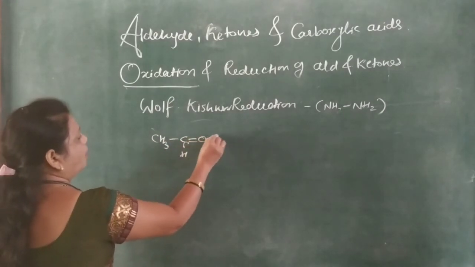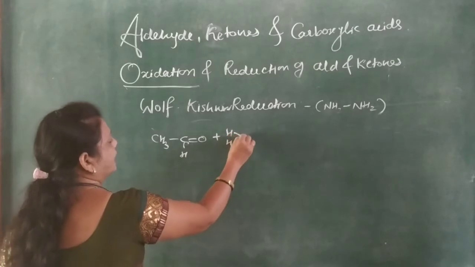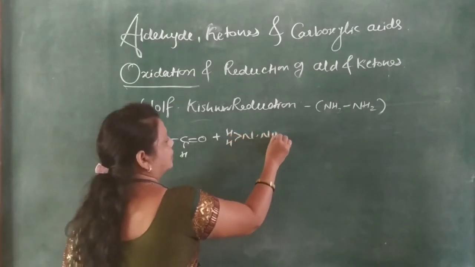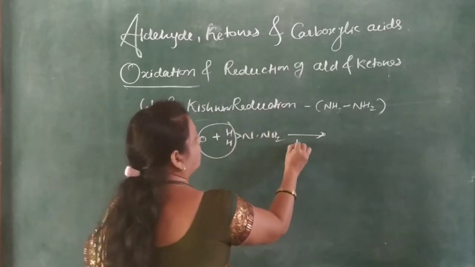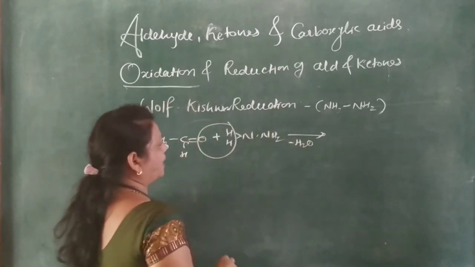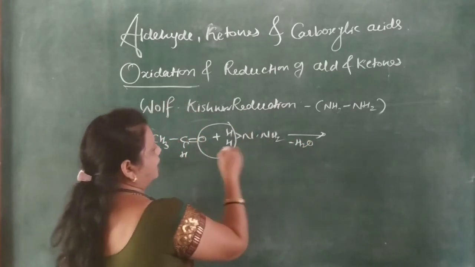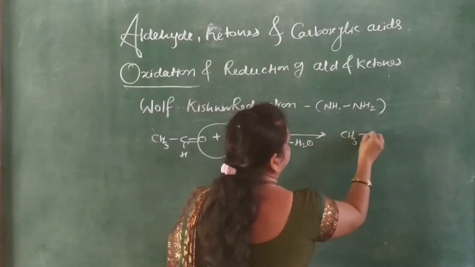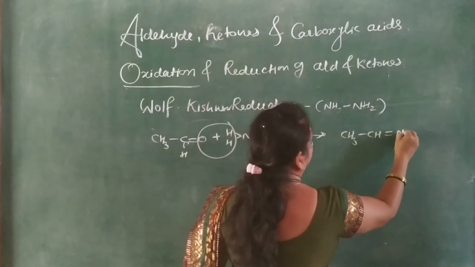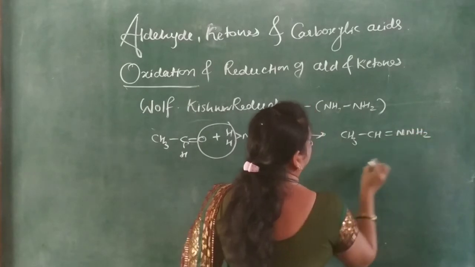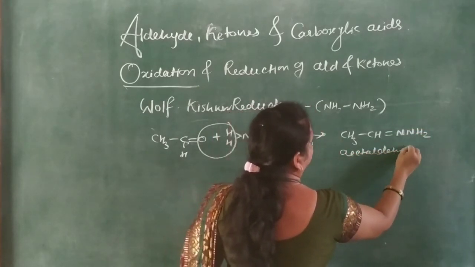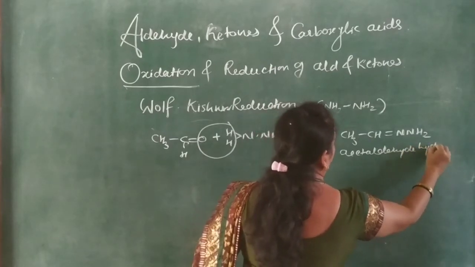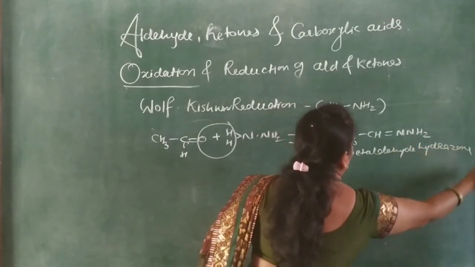CH3CH double bond O. Here hydrazine. First it gives this H2 combined with O to form H2O, and N combined with N. Means here CH3CH double bond N NH2. This is acetaldehyde hydrazone. Okay.